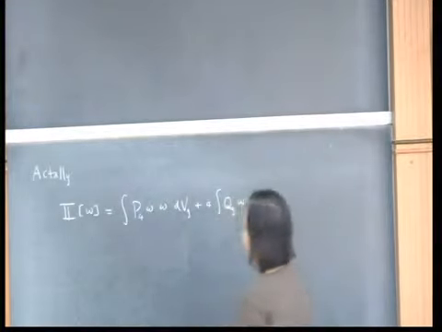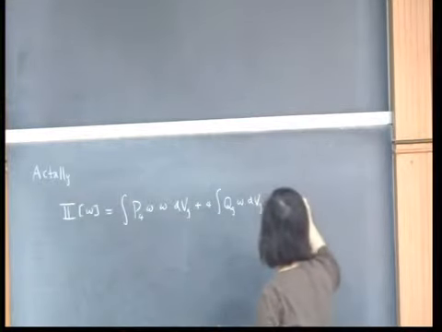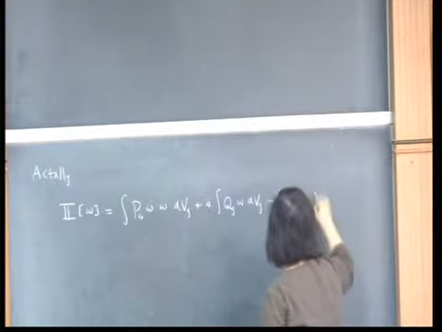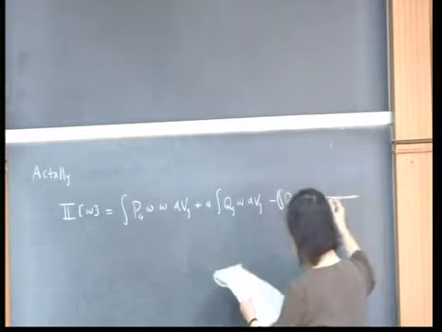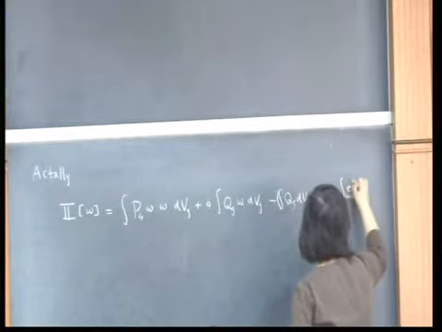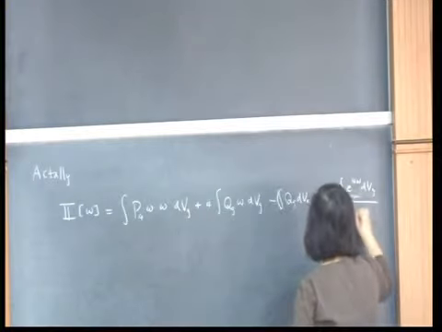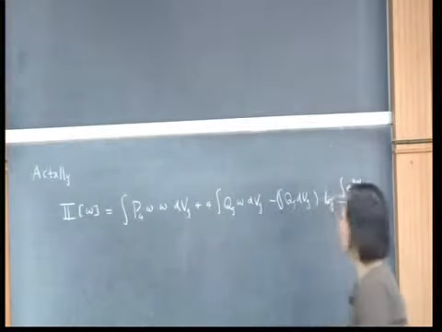And then we normalize it such that the integral of Qg dVg, and then there's a volume normalization, log of the integral of e to the 4w dVg.